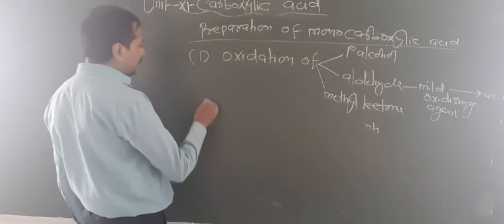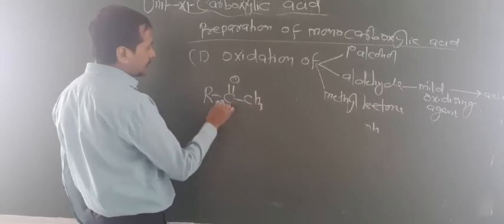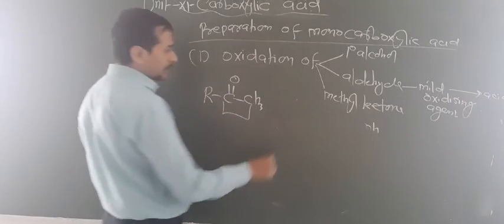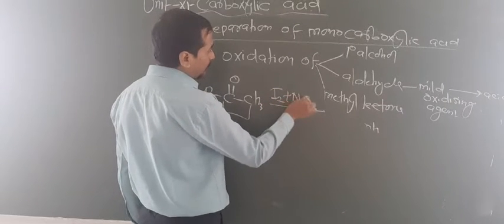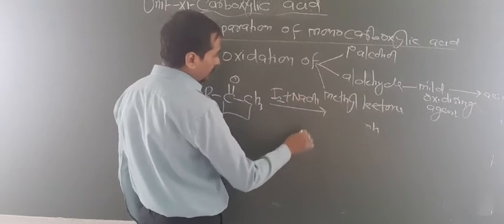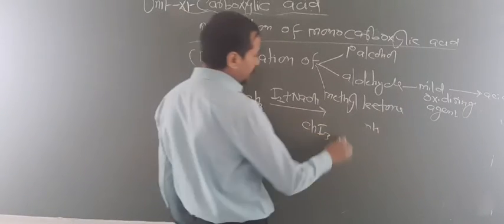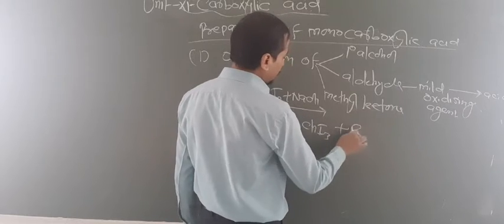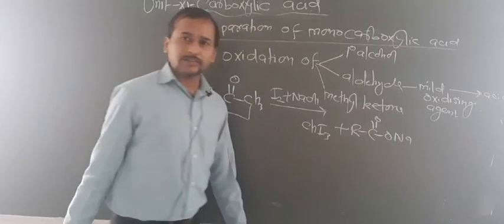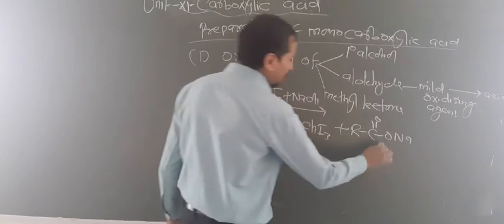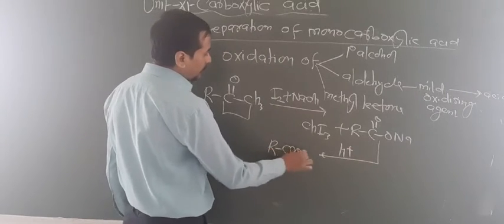Now in case of methyl ketone, just take an example like this. This is known as a methyl ketone. Now when this reacts, just like you do the iodoform reaction, what happens here? CH3 will change into CHI3. I told you this. And on the rest, C double bond O, we have to add O-. So this will form a salt. Now this salt on acidification will change into acid.